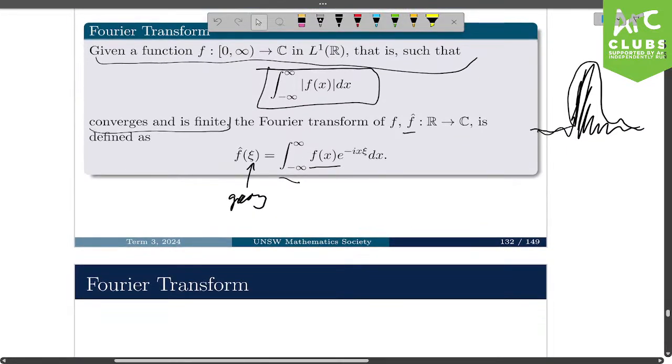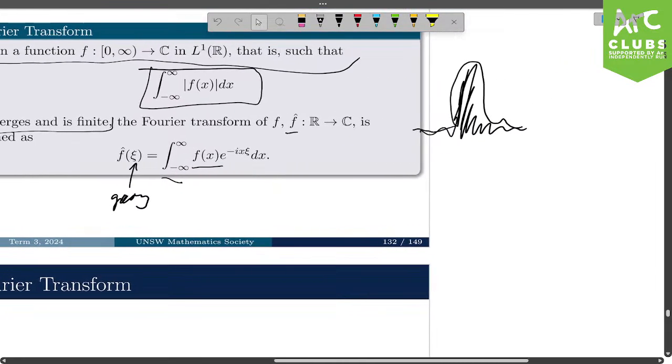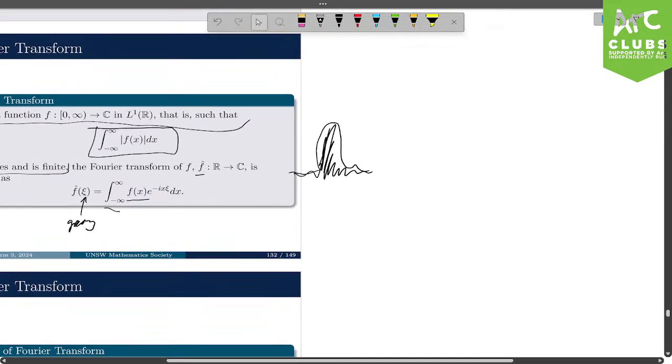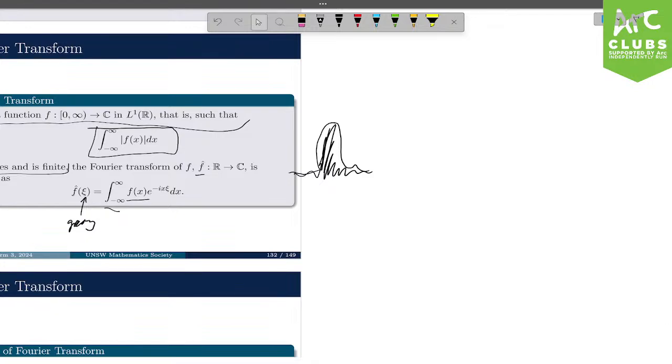And it's not the most intuitive just yet, but if you looked back at how several variable calculus did it, they defined this kind of notion as breaking it down into different norms of functions, where they would do Fourier series.